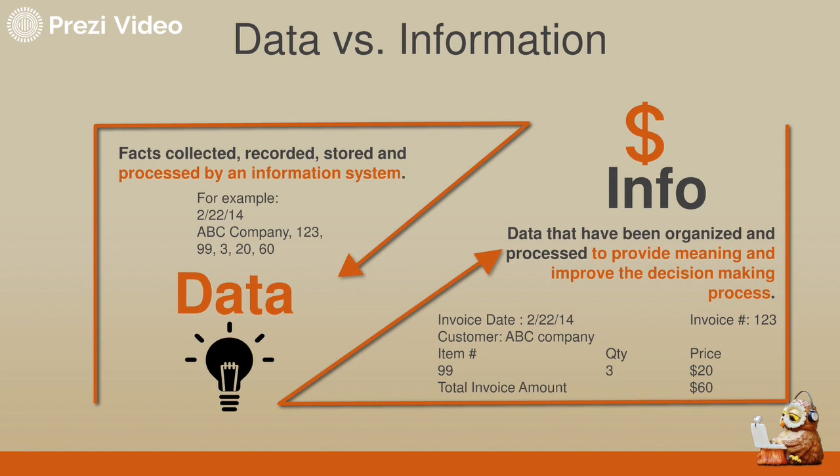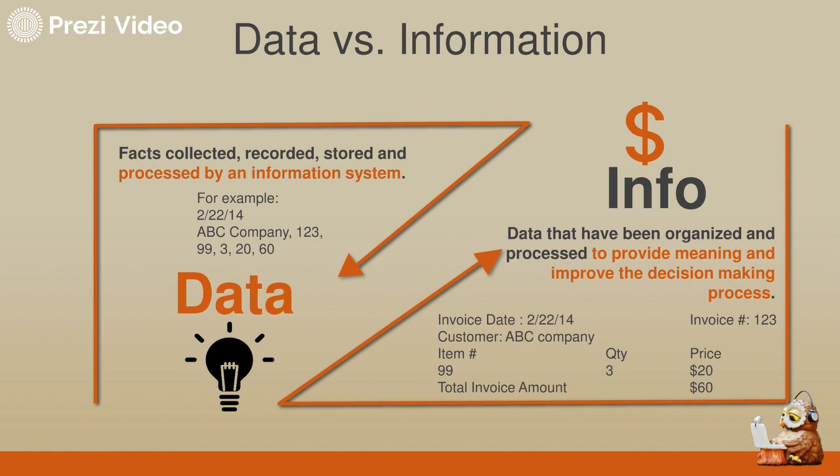If you look at this example, you can see the data has been organized and placed in the context of a sales invoice. From here, the data is more meaningful, whereby you can differentiate between the numbers. There is the invoice date, and the number 123 just now is actually the invoice number, and ABC company is the customer's name.